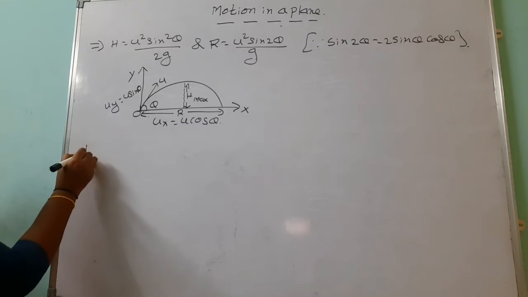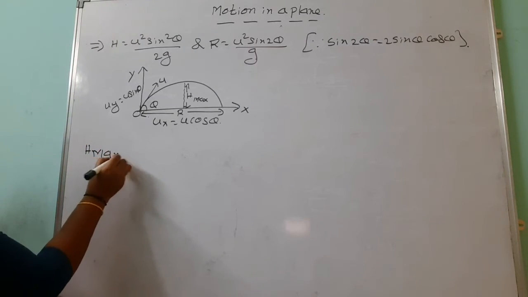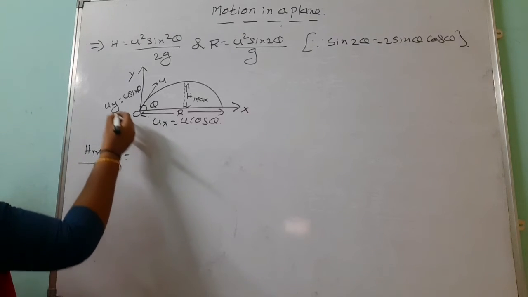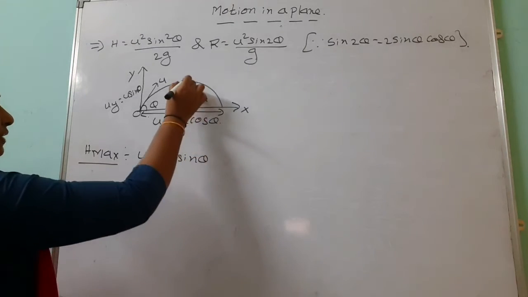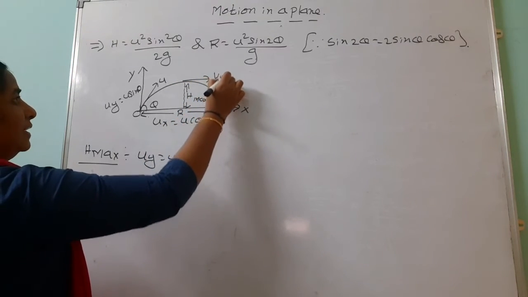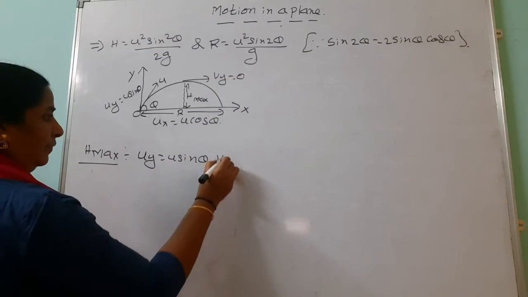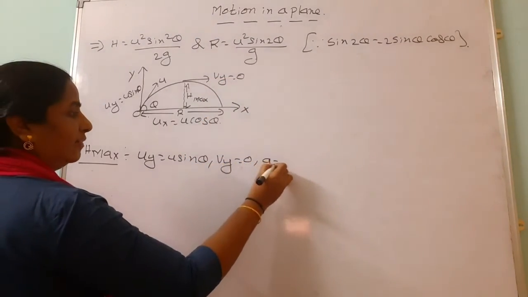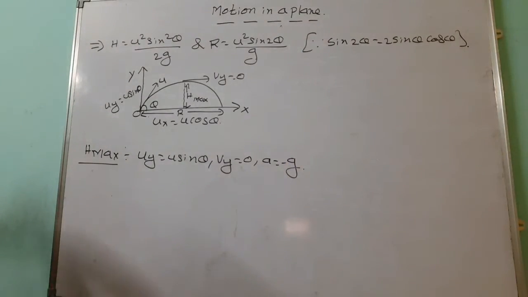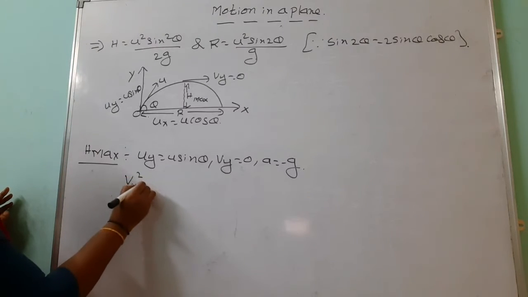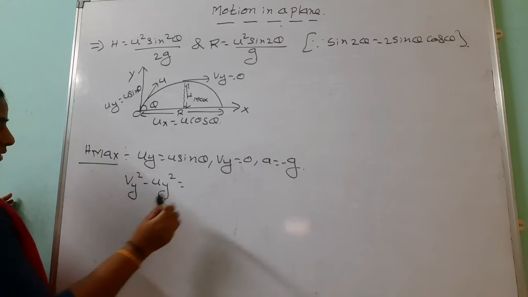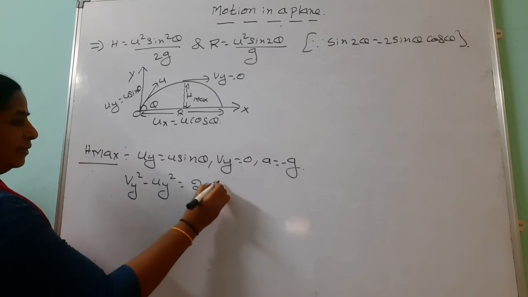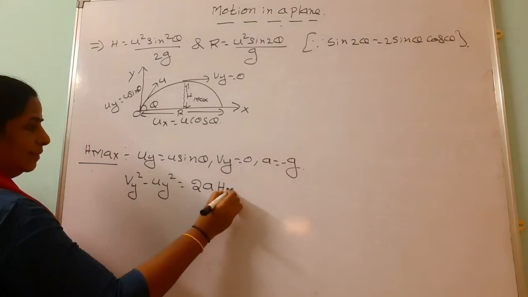But we should focus only on vertical motion because we want the maximum height. So initial velocity is uy equals u sin theta. But you know that at maximum height the vertical component is 0, vy equals 0. As usual, a equals minus g. So we can use the third equation of motion, vy square minus uy square equals 2 into a into distance, which is the maximum height.